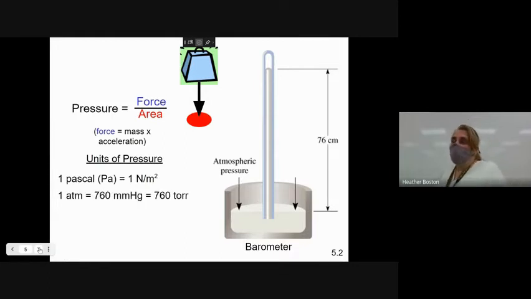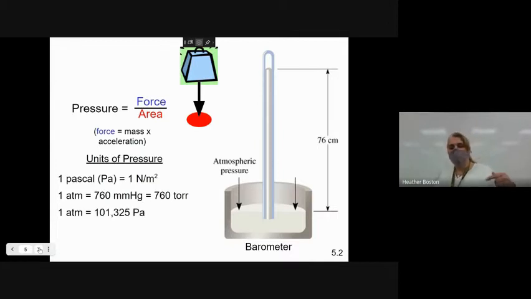We typically use the units of atmospheres. 760 millimeters of mercury is equal to 76 centimeters of mercury, and that's equal to 760 torr. Those are like the English measurements, which you're going to still see all around. So you'll occasionally bump into millimeters of mercury. That's fine. Can't fight City Hall. Going to the metric system is apparently too difficult for this country.